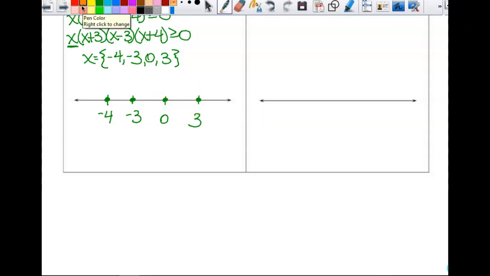All right, so over here, I think I'd start with a negative 5. So negative 5 in here clearly is just negative. Then this would be negative, negative, negative. That's positive overall. You finish up that sign chart.